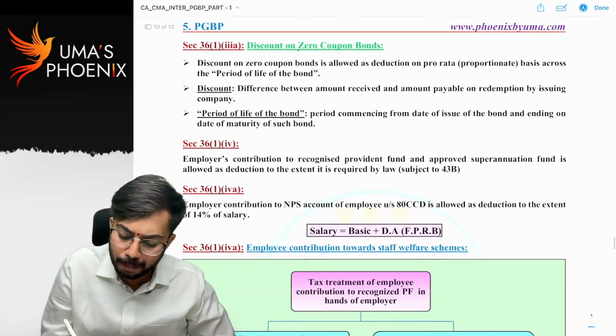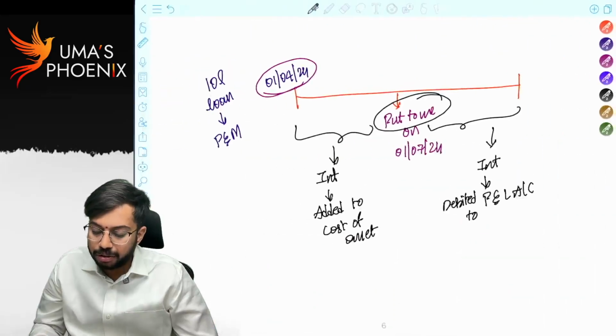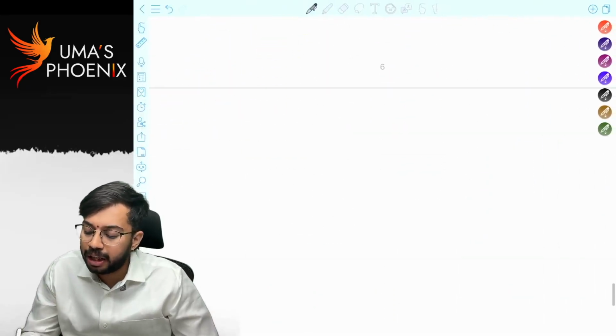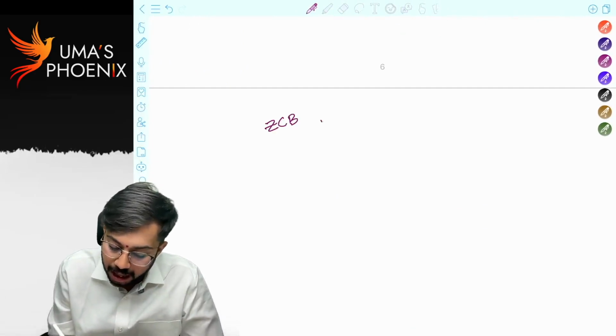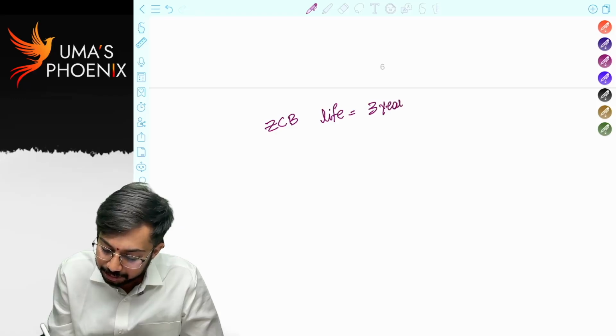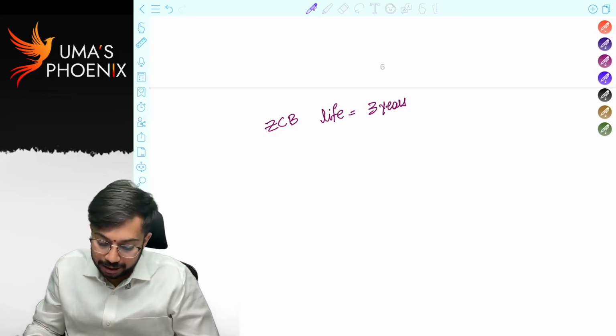Next, zero coupon bonds. You all know zero coupon bonds are always issued at a discount and are redeemed at par. Let's say the life of the zero coupon bonds is 3 years.